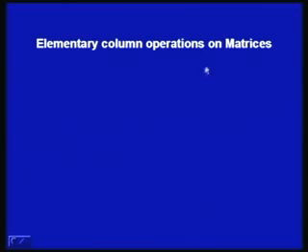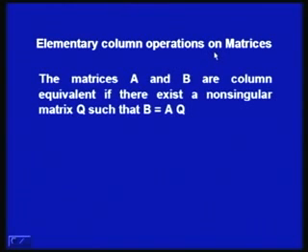So we can apply elementary column operations on matrices, and one can define the same equivalence relationships. Matrices A and B are column equivalent if there exists a non-singular matrix Q such that B is equal to AQ. Mind here, I am multiplying on the right hand side. For a row operation, it was on the left hand side.